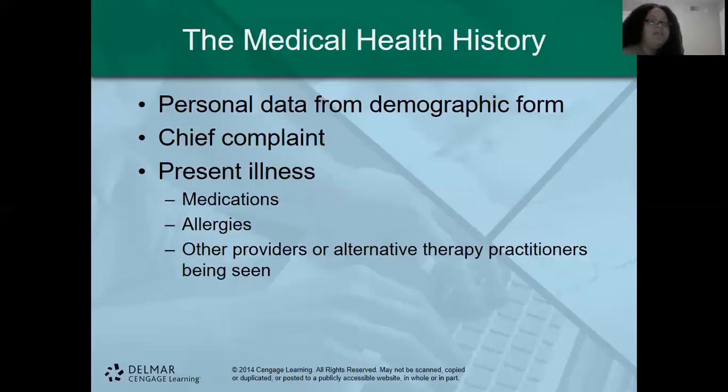So the medical health history form, it is personal data from the demographic form. When you see the form, it'll have the patient's name and the date of the exam, and then it'll have chief complaint, present illness, and some other things involved in the form as well. Present illness, make sure you list all the medications included over the counter. Their allergies. It doesn't matter if it's medication or non-medication type allergies.